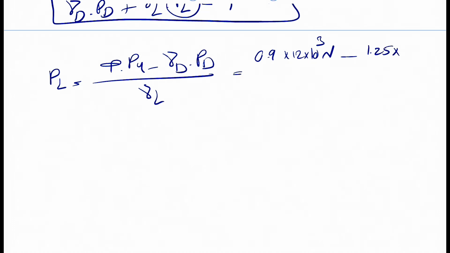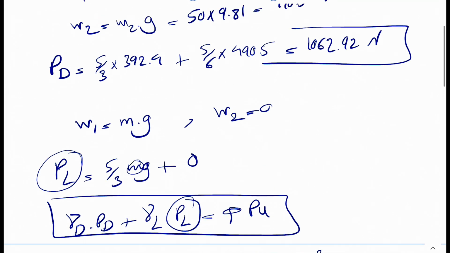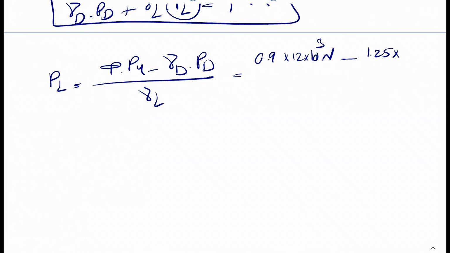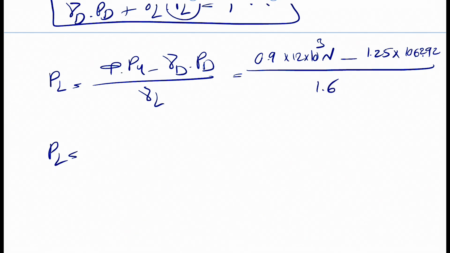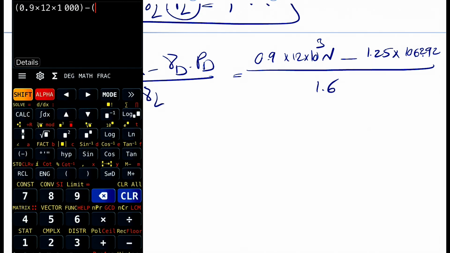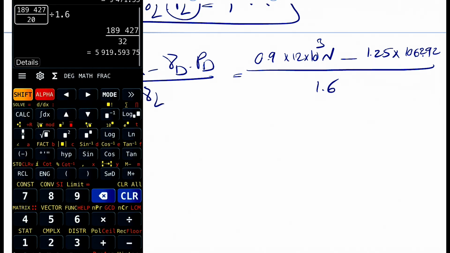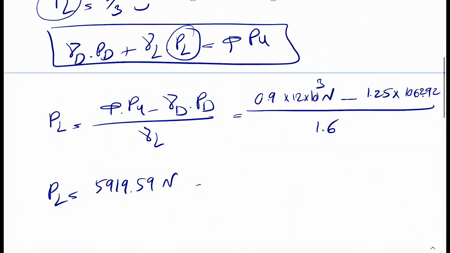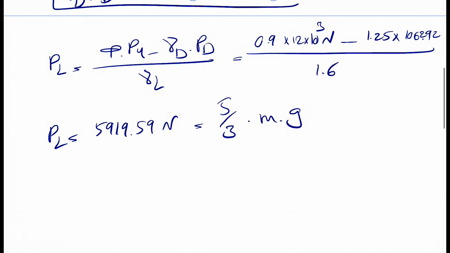We figured out the dead load in the previous step, so the dead load is 1062.92, and we're going to divide that by 1.6, so we're going to find PL in here. Let's calculate that. That's going to give us 5919.59 newtons.